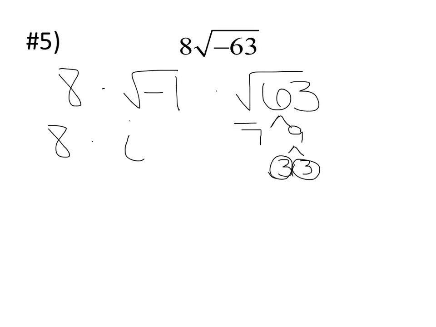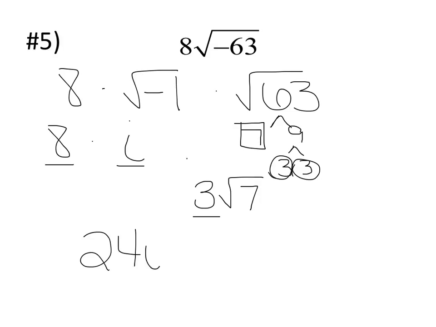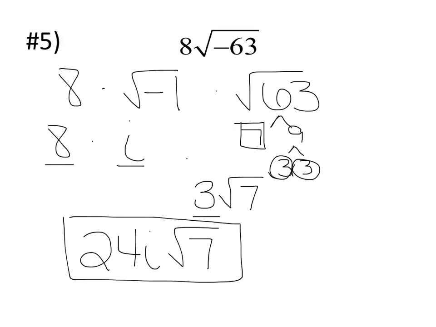So you're going to bring a 3 out front, and then you're going to leave a 7 inside. So we're going to do 8 times I times 3, which is going to give us 24I, and then what's left inside is just the square root of 7. Remember, always multiply the outside and then always multiply the inside. In this case, we only have 1 inside, so then we just tack it on to the end.